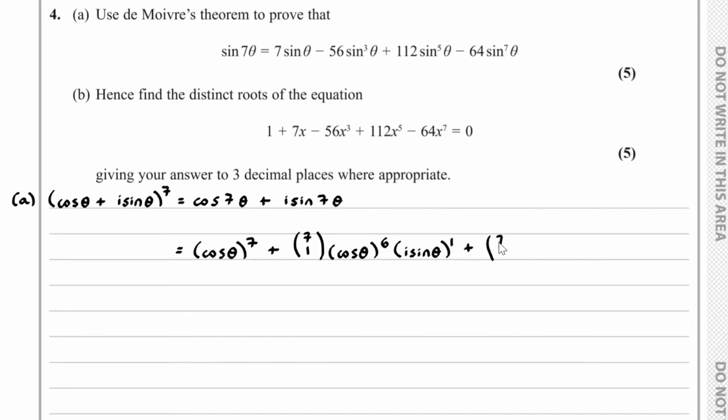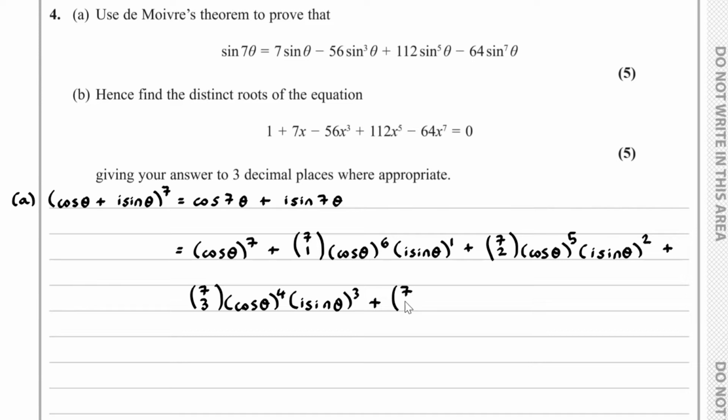Then we have 7 choose 2 times cos theta to the power of 5 times i sin theta to the power of 2. Next term, we've got 7 choose 3 times cos theta to the power of 4 times i sin theta to the power of 3.